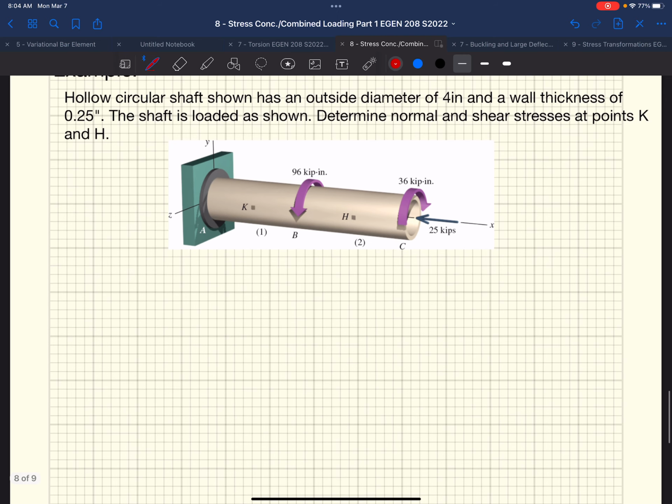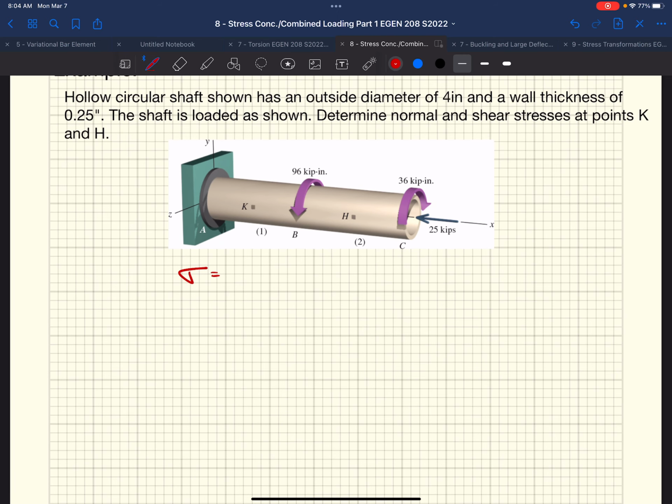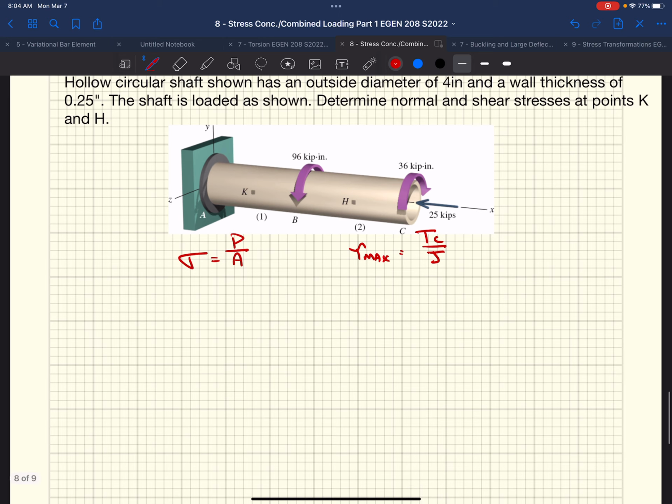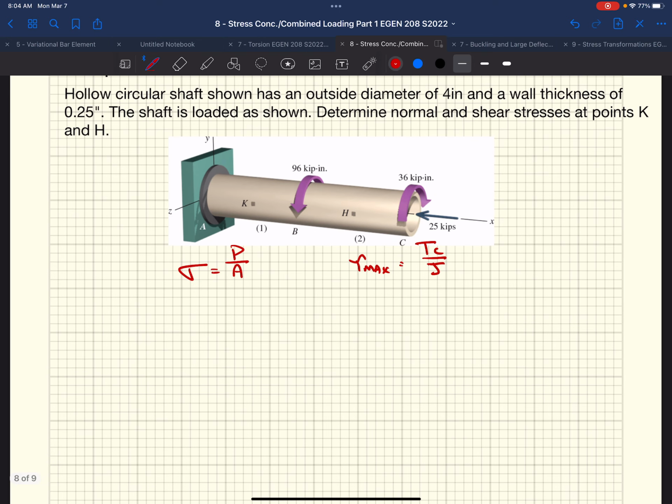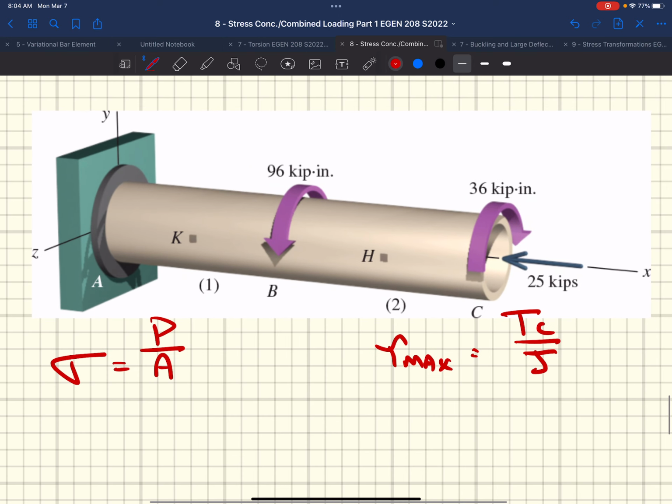Well, let's start by looking at, if you remember, normal stress is force over area. Shear stress due to torsion is TC over J. So if they want us, in this case, to figure out what's going on at point K and point H, any ideas where we're going to start?